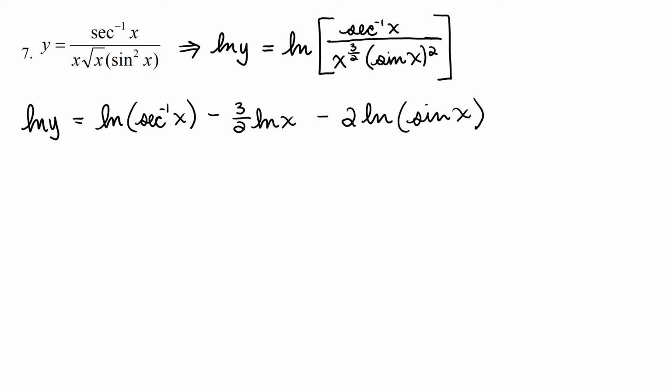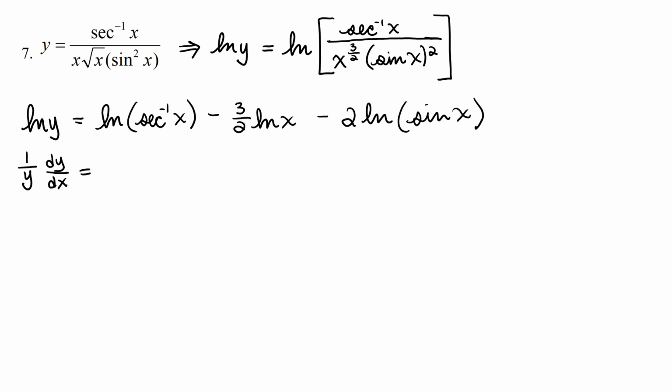And now we can take the derivative. We could have tried to take it before, but it would have been a mess. And we just have to take the derivative implicitly, because this is a natural log of y, not just a y. So the derivative with respect to x of ln of y is 1 over y dy dx.